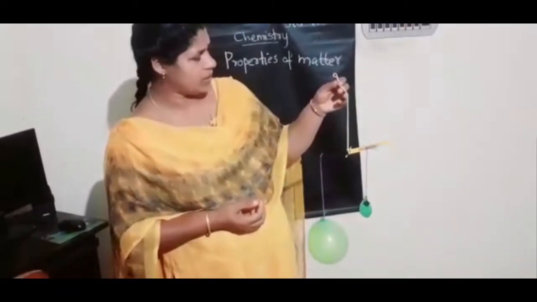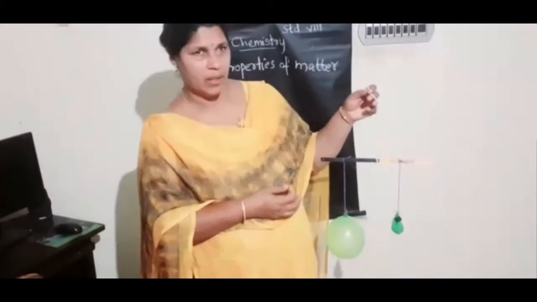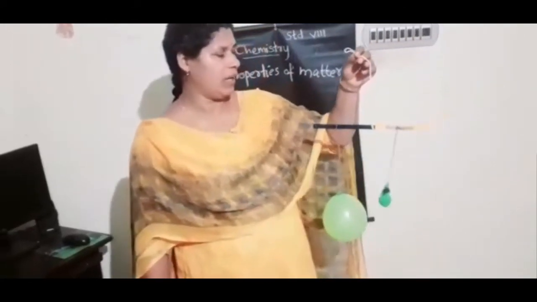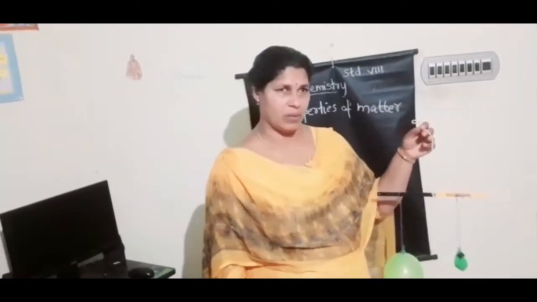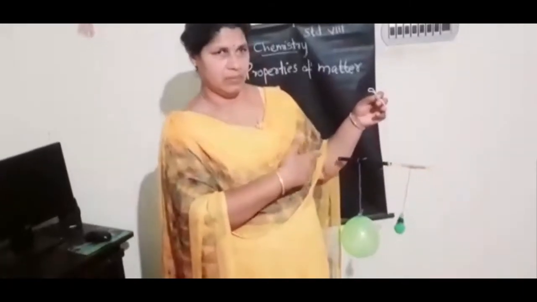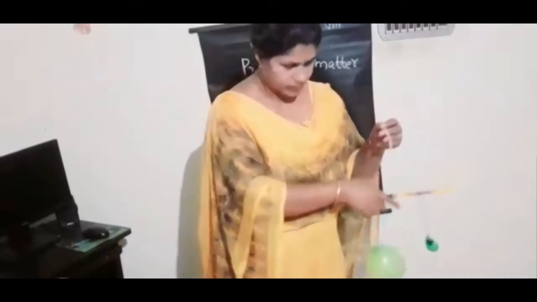When the mass decreases, the other side goes down, which is not balanced. So from this experiment, what can we assume? We can assume that air has got some mass. Air has got some mass. When the mass from that side is lost, what happens? This side, the axle blade, comes down.